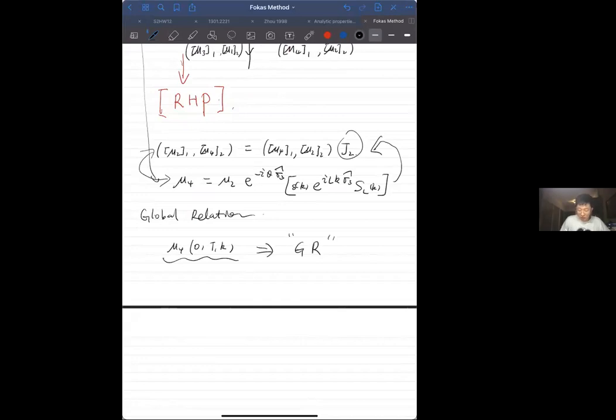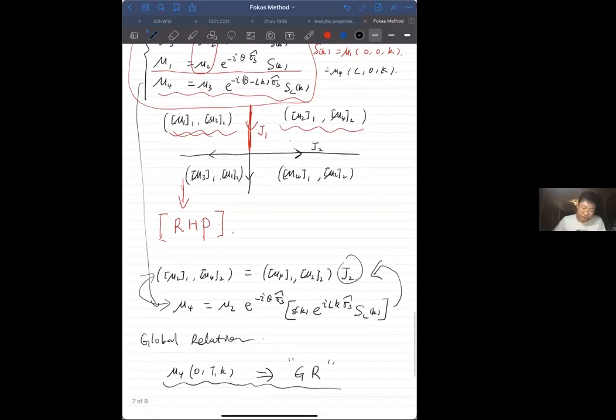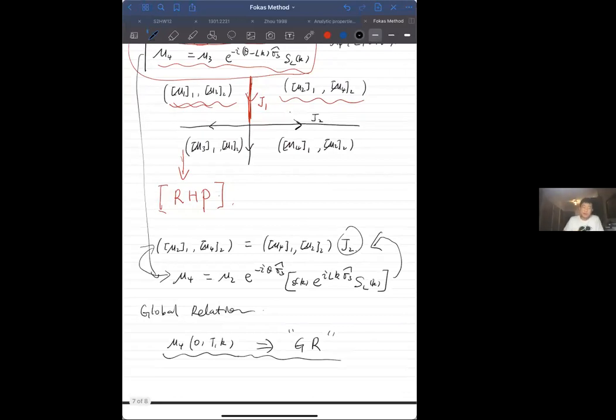I can talk about details next time, maybe. The rest of the work is just analyzing the RHP and the spectral problem. Those are very standard techniques. Okay, good.